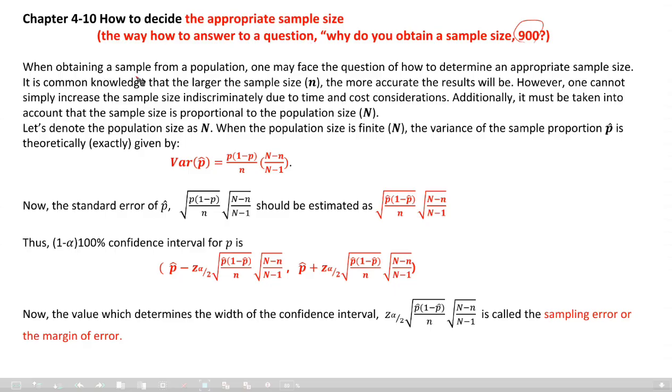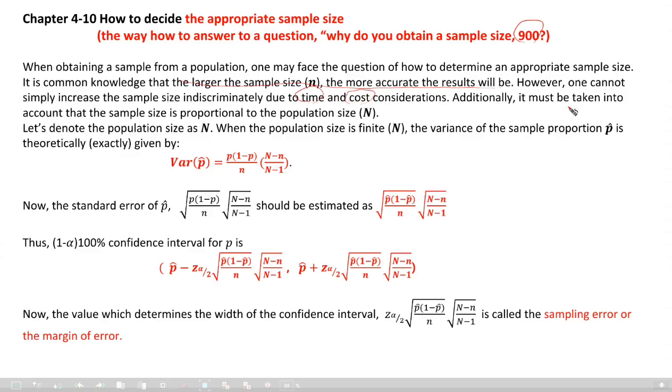When obtaining a sample from a population, one may face the question of how to determine the appropriate sample size. It is common knowledge that the larger the sample size n, the more accurate the result will be. You believe this? However, one cannot simply increase the sample size because of time and cost restrictions, right?